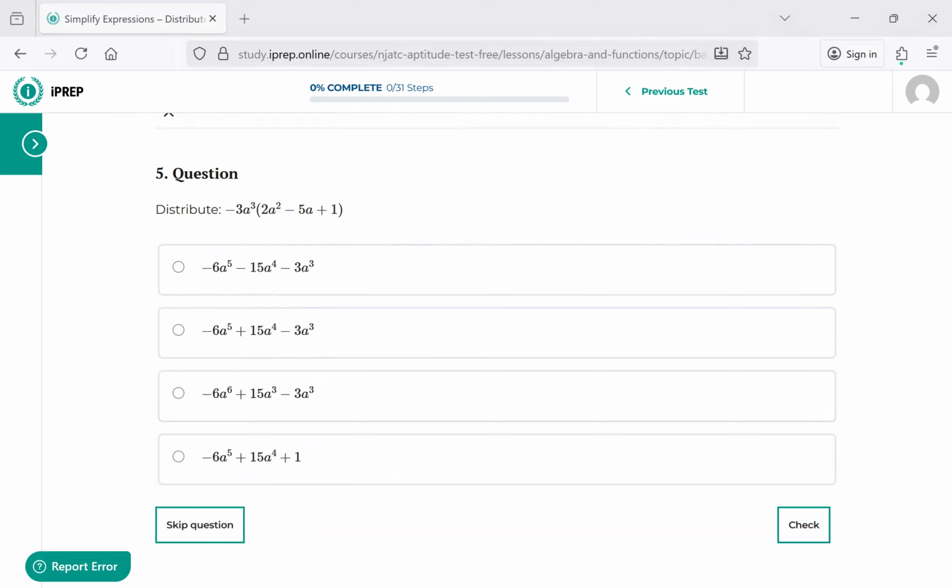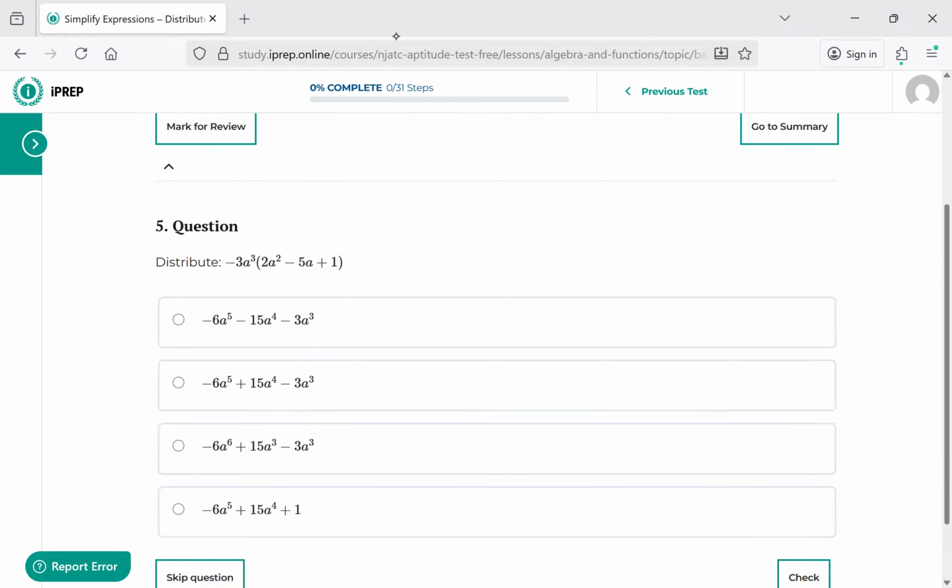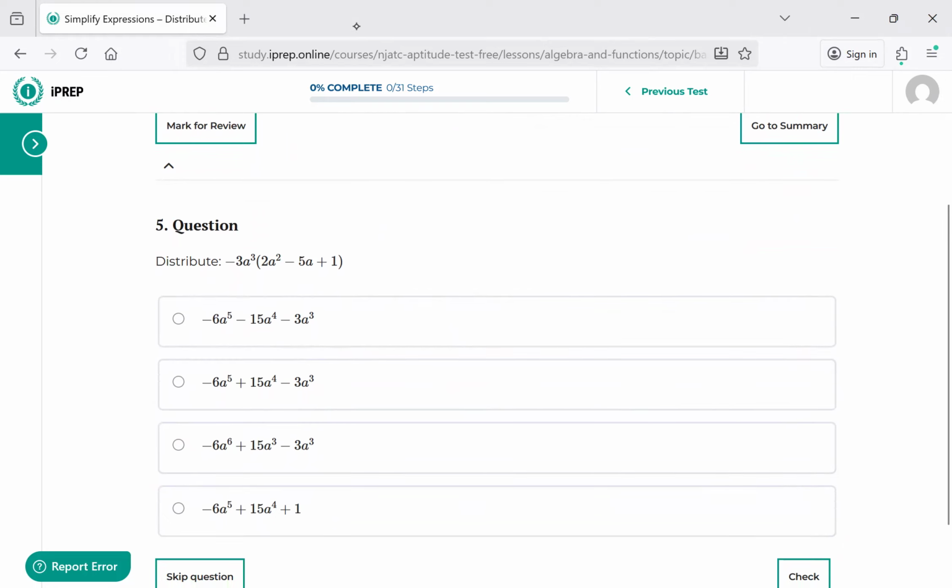Oops, how many questions? There's only five. Okay, this is the last one for distributing. So let's do this one. What's negative 3a times 2a squared? Let's do this in our head because you are going to do this on the real test. Negative 3a cubed times 2a. Negative 3 times 2 is negative 6, and then a cubed times a2 is a5. Continue the process. What's negative 3a cubed times negative 5a? That is going to be a positive, because negative 3 times negative 5 is positive 15a to the fourth.